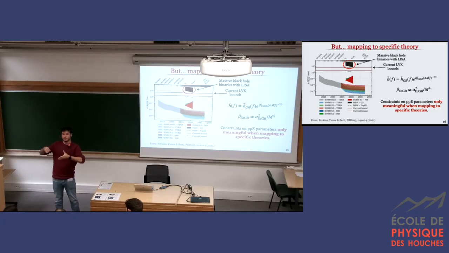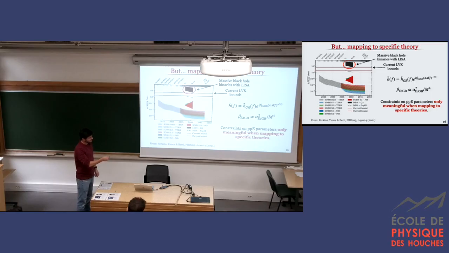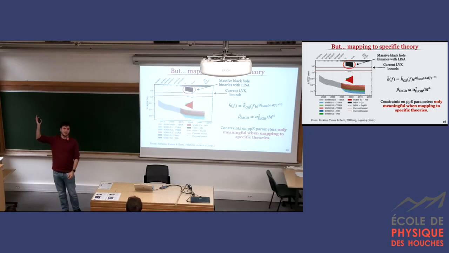When someone tells you the constraint at minus 1 PN is 10 to the minus 7, that doesn't really have a big meaning before you tell me what this means for specific theories, right? Because I can have a correction at this 10 to the minus 7, not necessarily because the coupling constant of the theory is small, but just because I have very large masses, right? So that's the point.